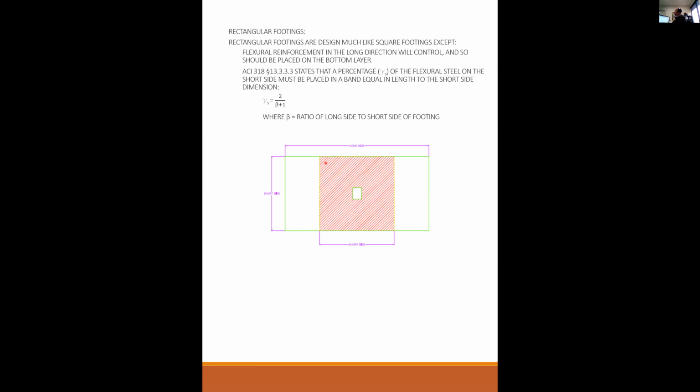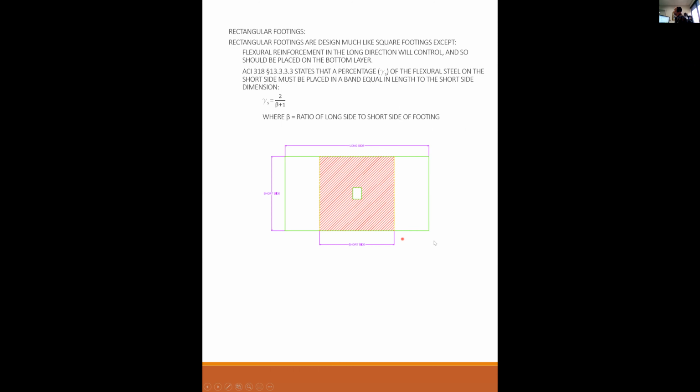ACI 318 section 13.3.3 states that a percentage, which they call gamma S, of the flexural steel on the short side must be placed in a band equal in length to the short side dimension, where gamma S is equal to 2 over (beta plus 1), where beta is the ratio of the long side to the short side of the footing.